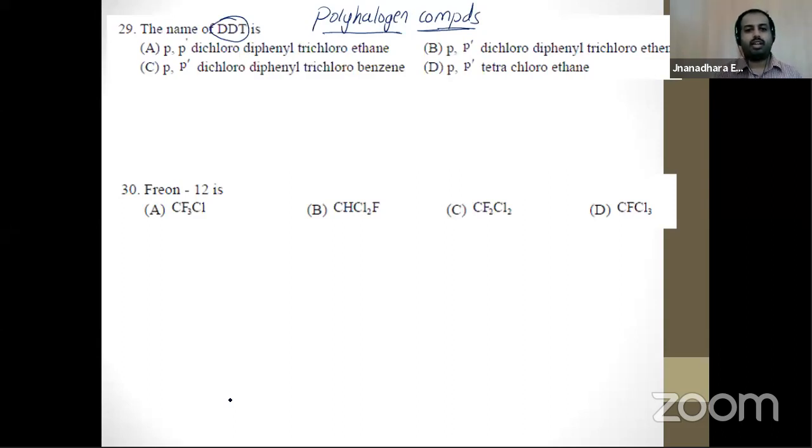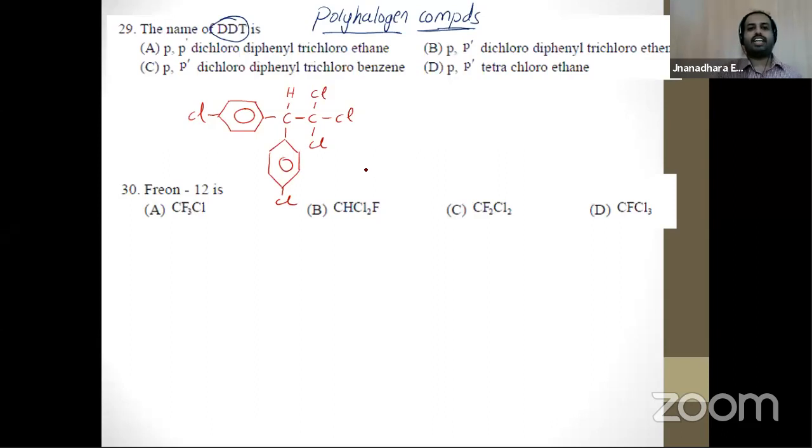DDT is actually a derivative of a compound called chloral. It has 2 carbon atoms. One is attached to 3 chlorine atoms. The other carbon is attached to 2 benzene rings, which in turn have a chlorine atom at the para position.